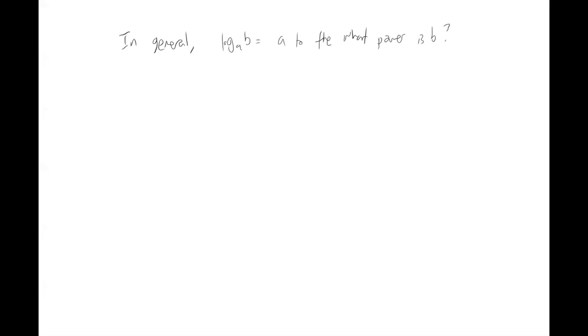For example, for this you need a calculator, because this is asking 2 to the what power is 5. 2 squared is 4, 2 cubed is 8, so it's some number between 2 and 3. But to find it is kind of difficult sometimes.